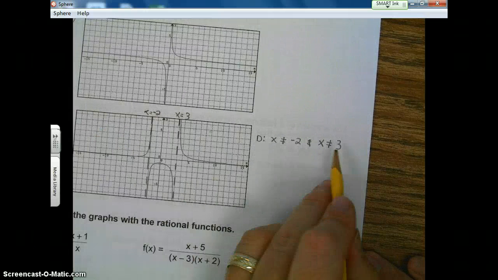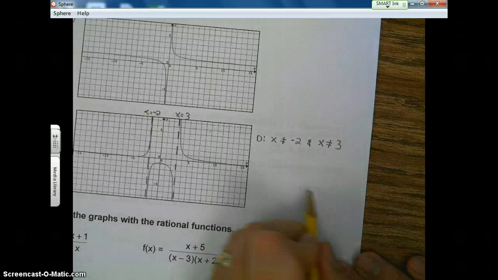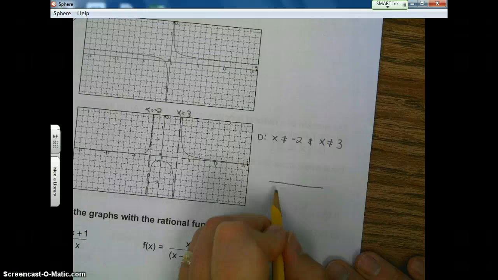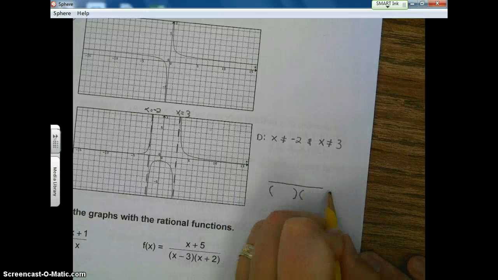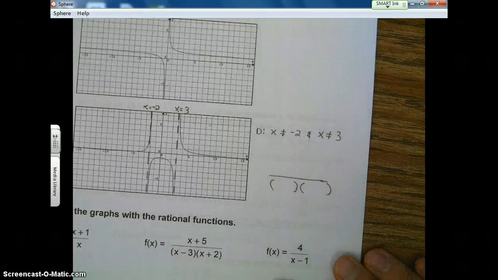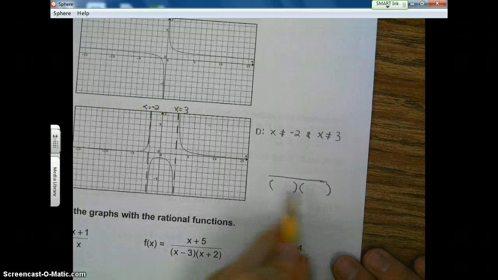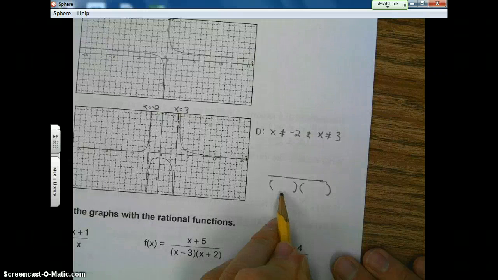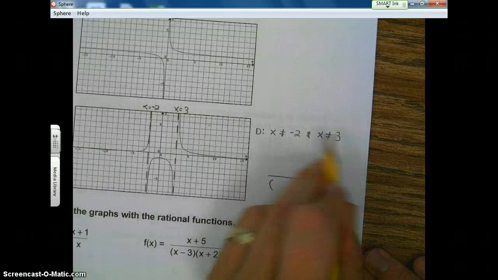Now remember, where do we find these exceptions? We find them in the denominator. So what would the two factors be that would give us an exception or a vertical asymptote of -2 and 3?